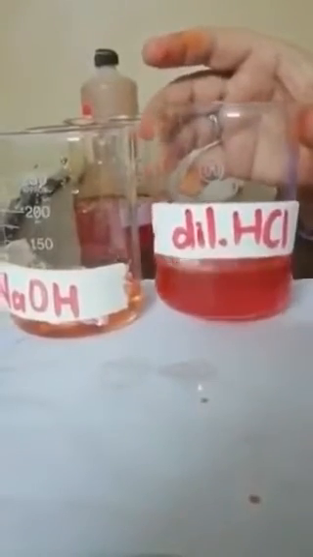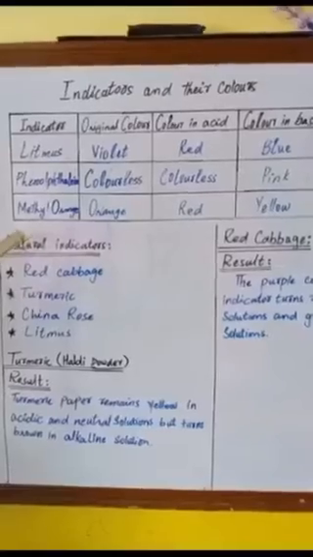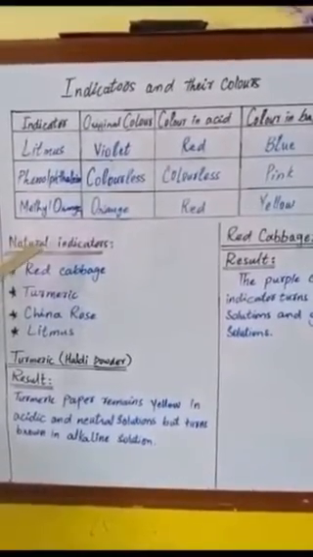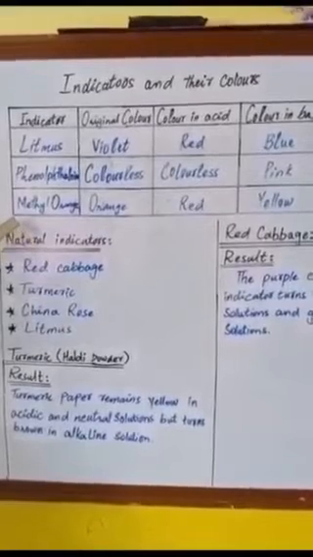Students, you can see that in acidic solution methyl orange turned red and in basic solution it has turned yellow. You can easily differentiate both these colors. We will perform activity 6.8 to show the colors of indicator in acidic and basic solutions.